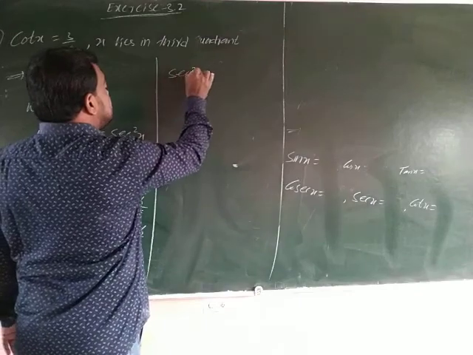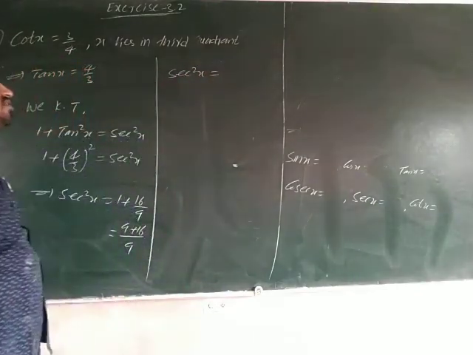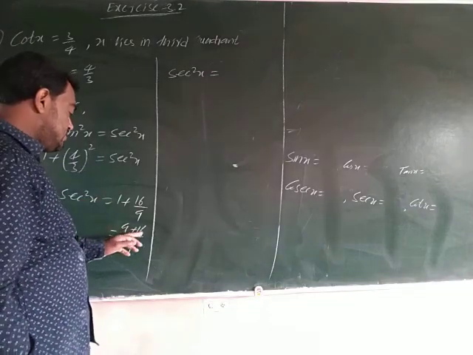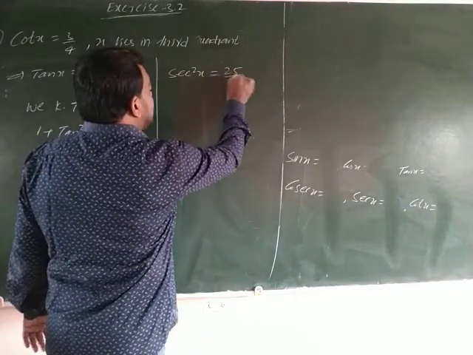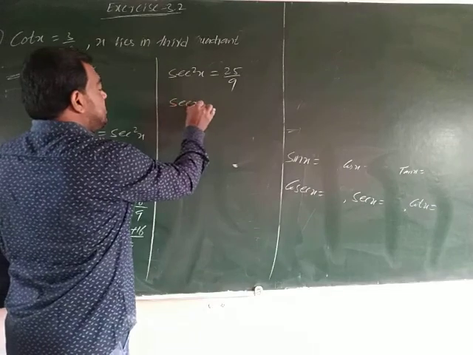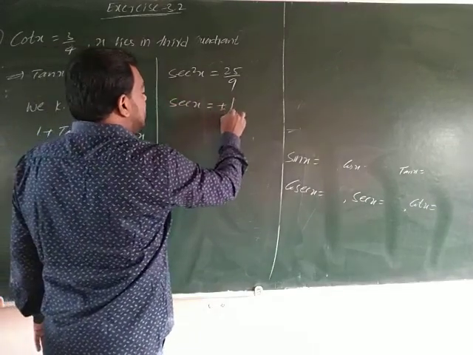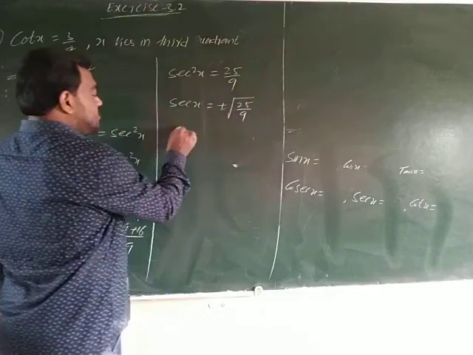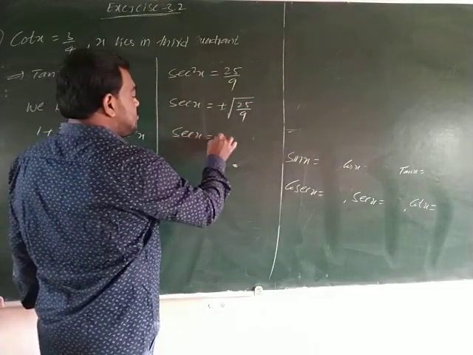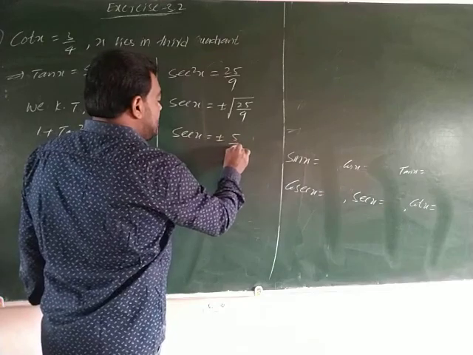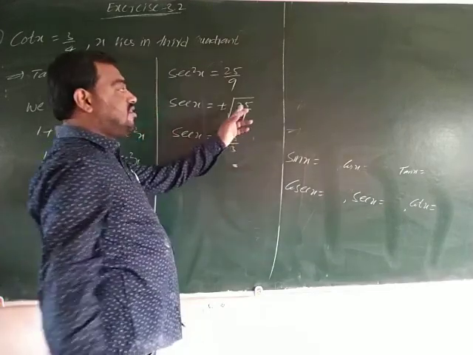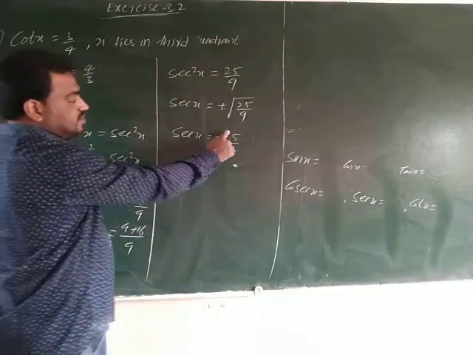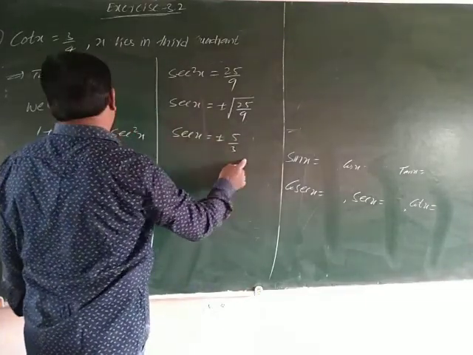Secant square x is equal to 25 by 9. Secant x is equal to plus or minus square root of 25 by 9, that is plus or minus 5 by 3. Square root of 25 is 5, square root of 9 is 3.